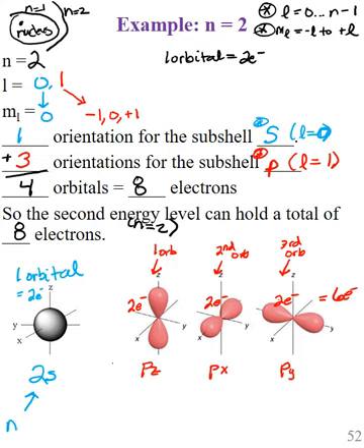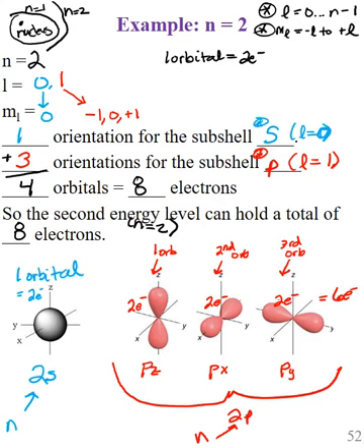To simplify this, we can say this is our 2p: 2 represents our n, and then we have our subshell p. Are we still following along? Hopefully that's the case. This was our n equals 2.